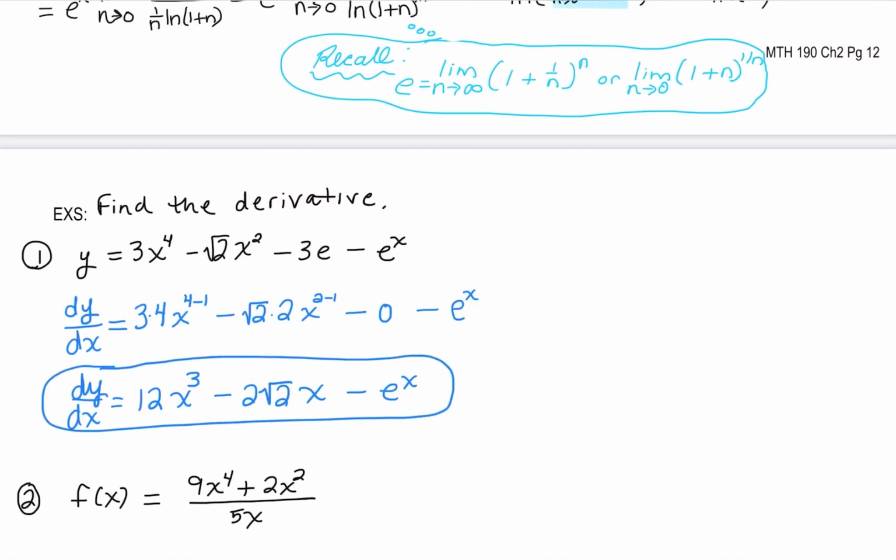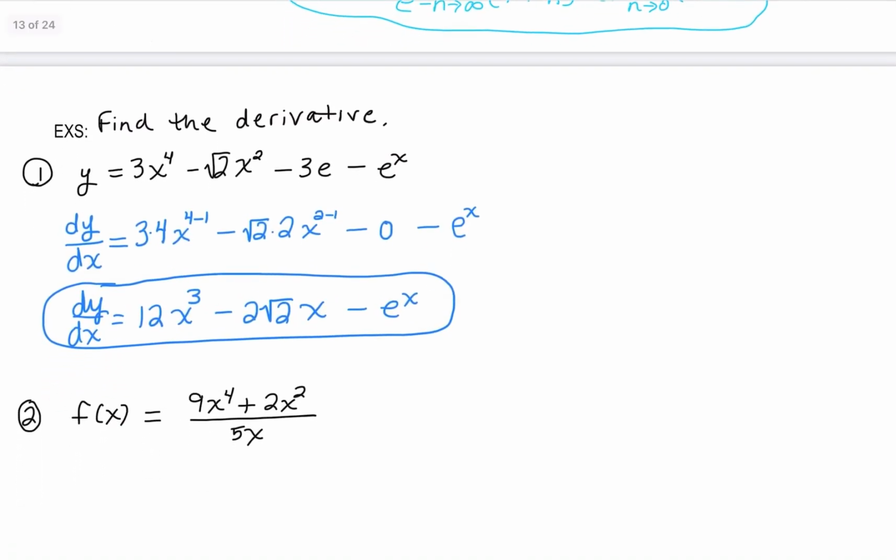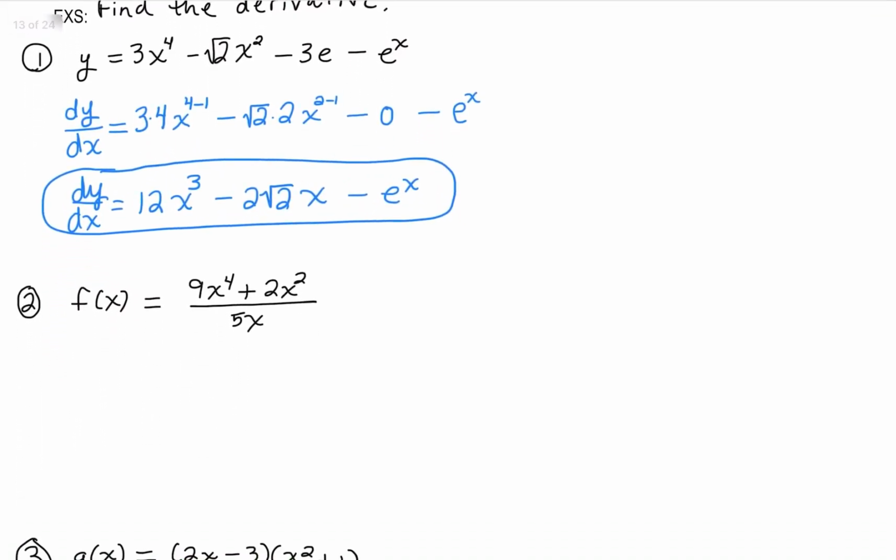All right, number 2, we have f of x equals 9x to the fourth plus 2x squared divided by 5x. So the caution here that I want to make sure that you're aware of, you do not get to take the derivative of the numerator divided by the derivative of the denominator. Okay, do not do this.